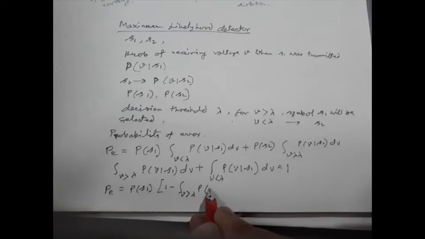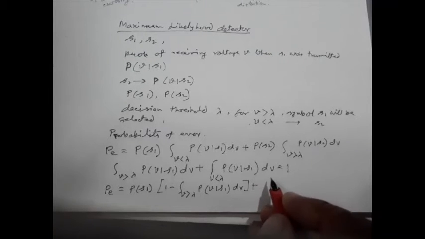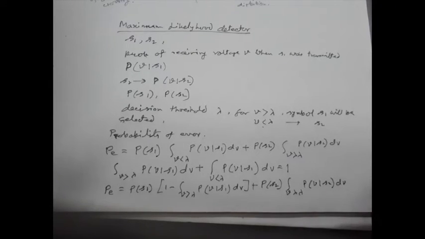So if we replace this here, we can write P(E) equal to P(S1) times [1 minus the integral of P(V|S1) dV] plus P(S2) times the integral over V greater than lambda of P(V|S2) dV.